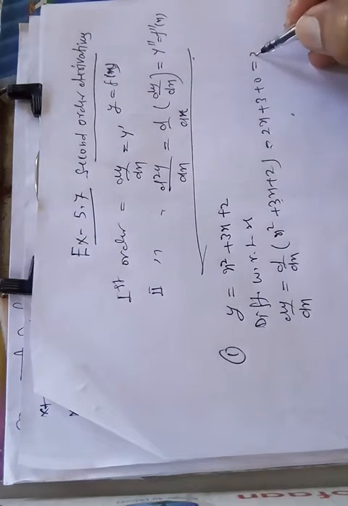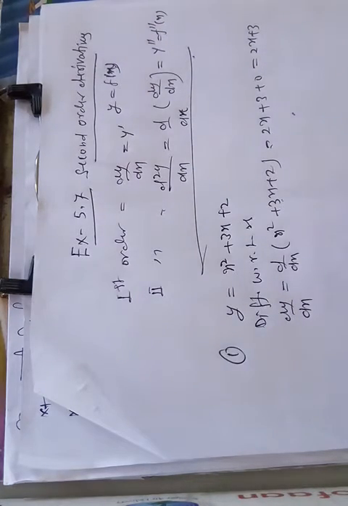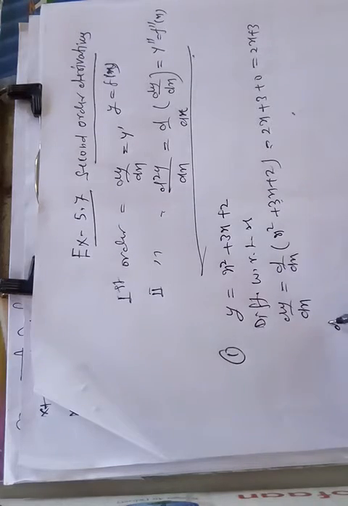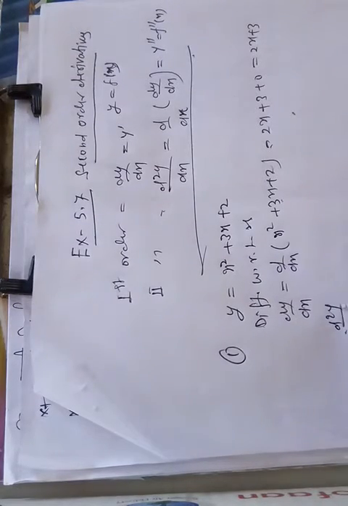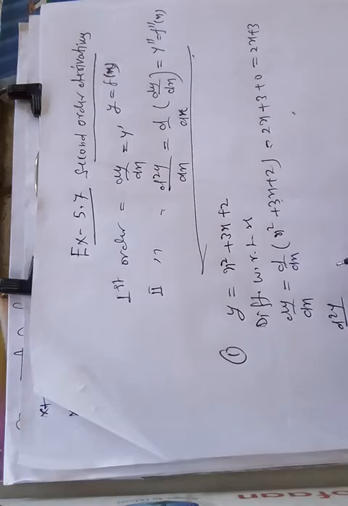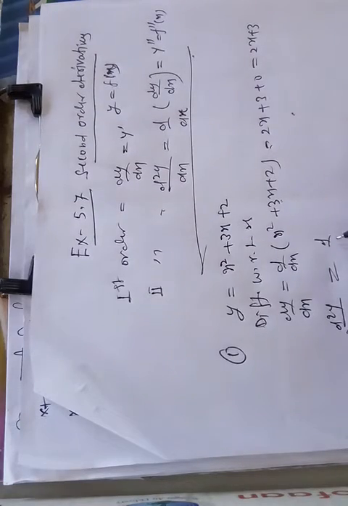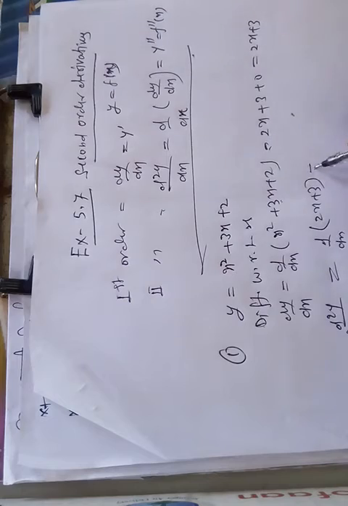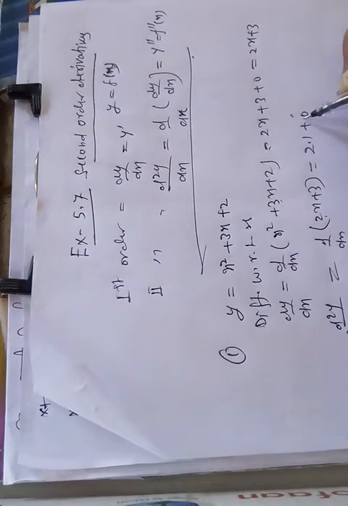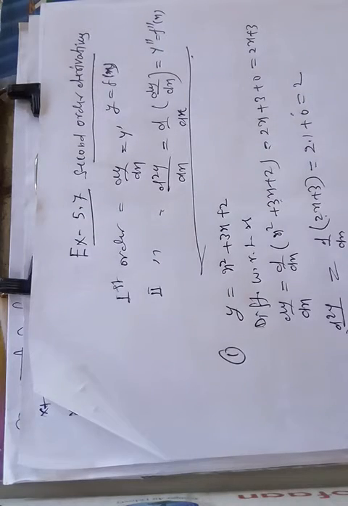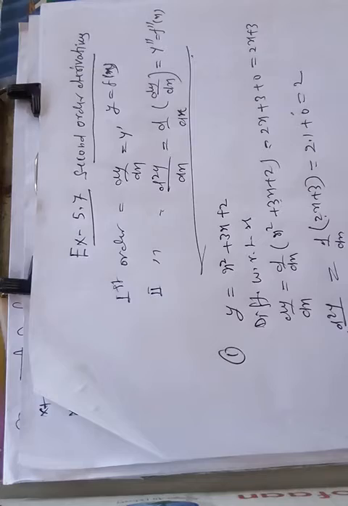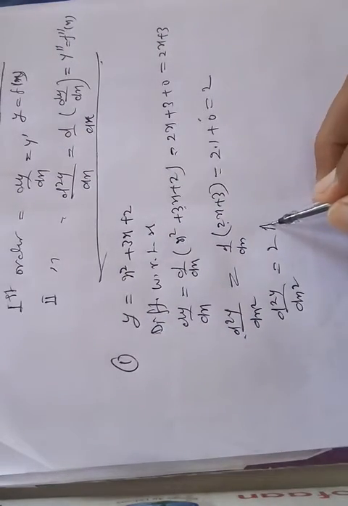So this equals 2x plus 3. For the second derivative, d2y/dx2 is d/dx of 2x plus 3, which is 2 into 1 plus 0, so the answer is 2.